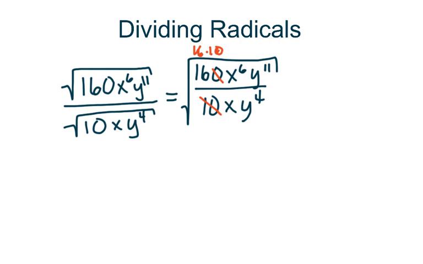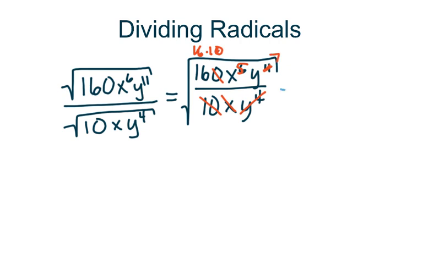Now, this x on the bottom can take out one of these x's from the top. So we are left with an x to the 5th. Now we have 4 y's on the bottom and 11 y's on top. So these 4 y's can remove 4 from this y, and we have y to the 7th.